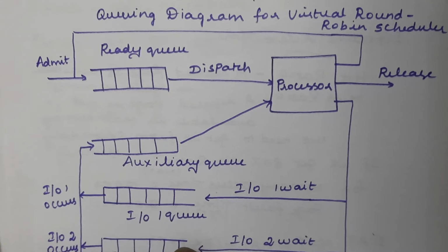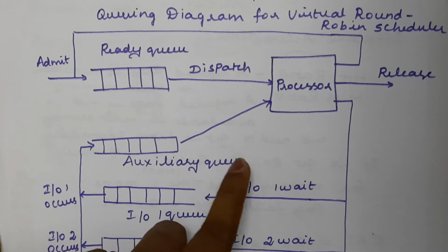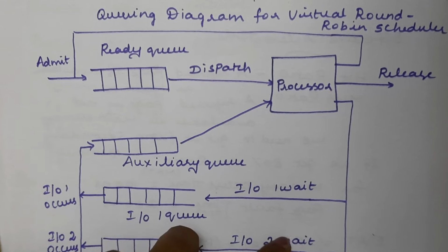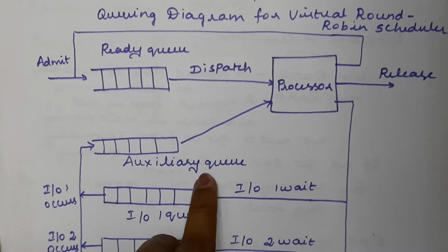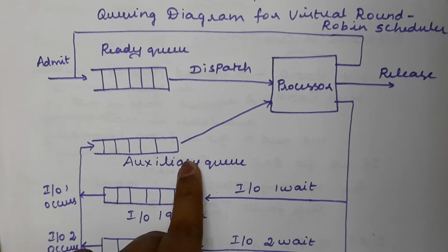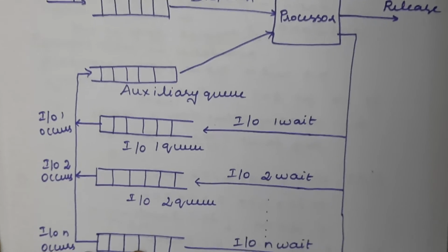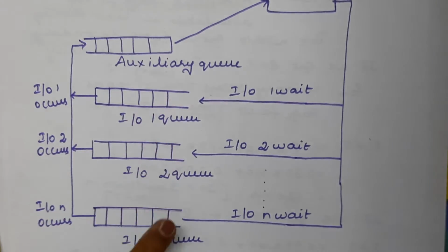So we can give equal chance to the new incoming processes as well as the processes preempted from the CPU, which are kept in the auxiliary queue. And in addition to the ready queue and auxiliary queue, we have another queue called the device queue, for input output devices.